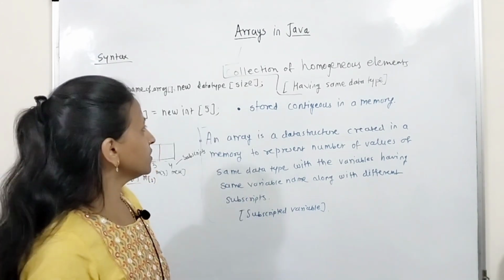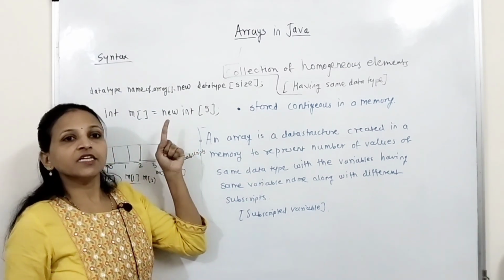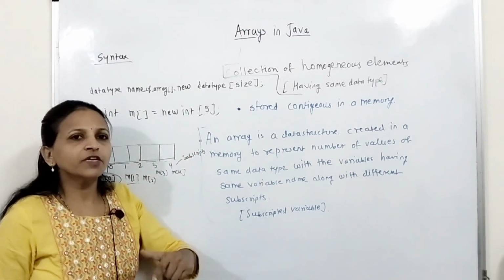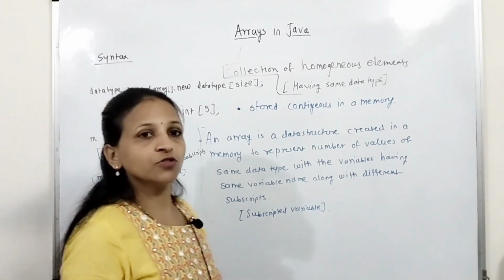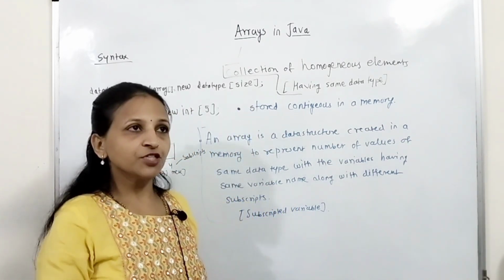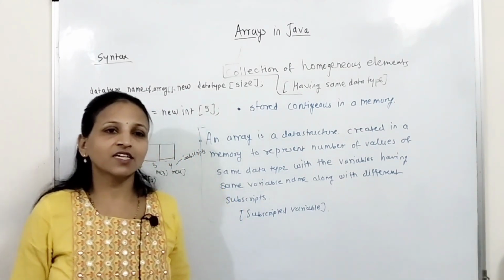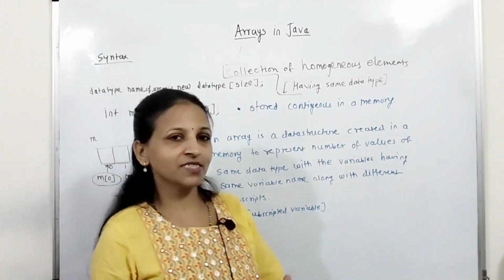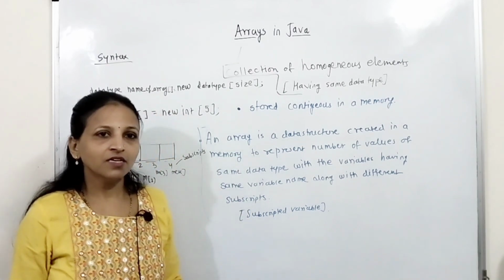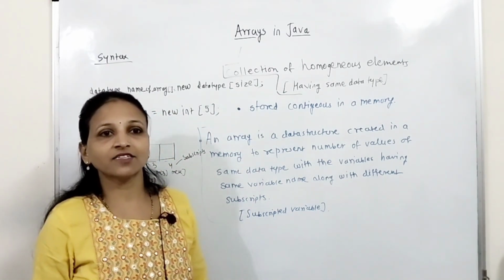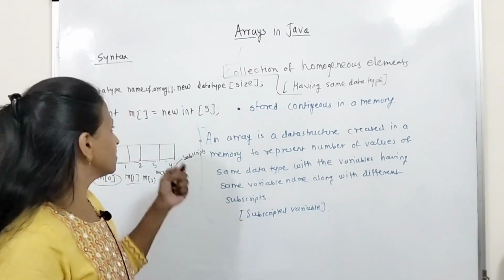Now see, if you want to create an integer array, then you have to write integer here. If you want to store, suppose, the division of 5 students, then you have to create a character array, because divisions will be like A, B, C, D, E, F. Those are just characters, so you create a character array.